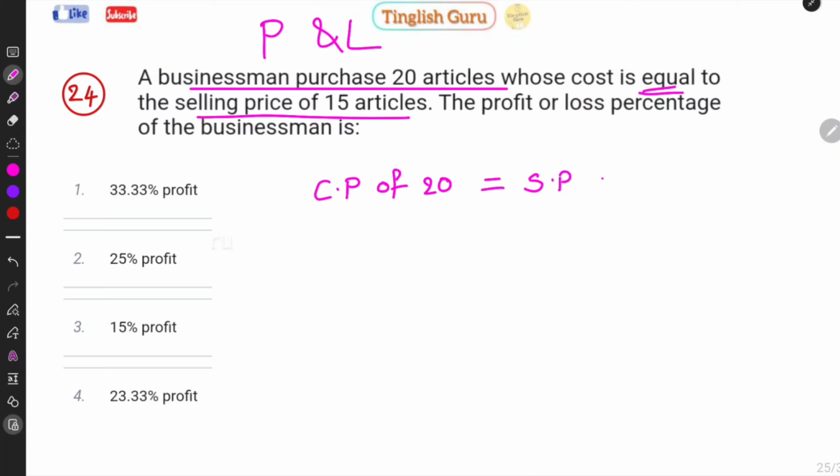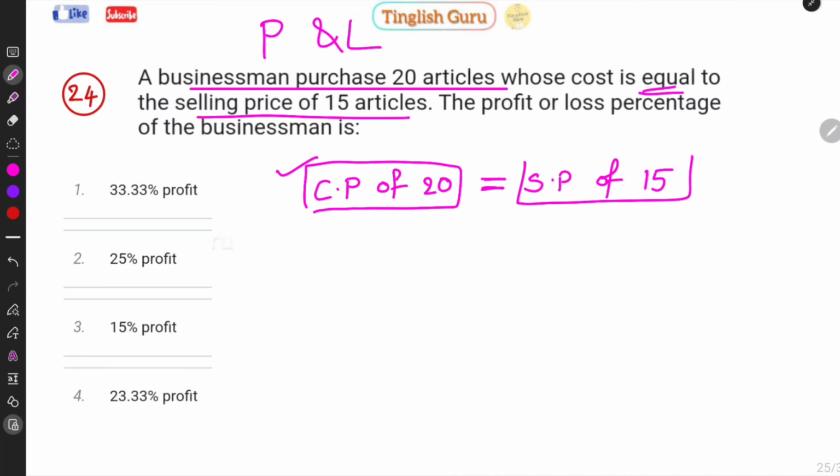I wrote the question as it is. Cost price of 20 articles is equal to selling price of 15 articles, right? Now write this in this form. CP into 20, 'of' means into. Next SP into 15. Clear?